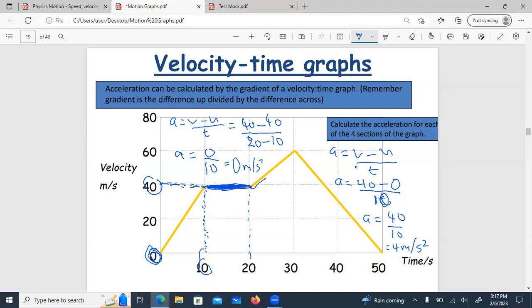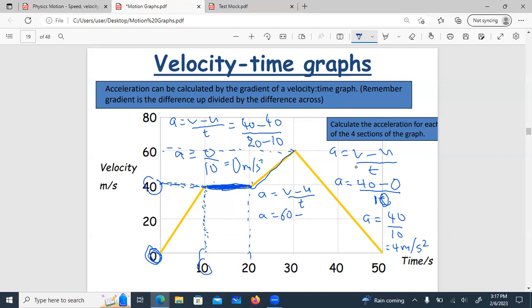Before we now have another acceleration. Now, how do you calculate the acceleration here from 20 seconds to 30 seconds? You use the same formula. Acceleration is equal to V minus U over T. That means acceleration equals, what's our V? Our final velocity here is 60. We have 60 minus, what's our U?